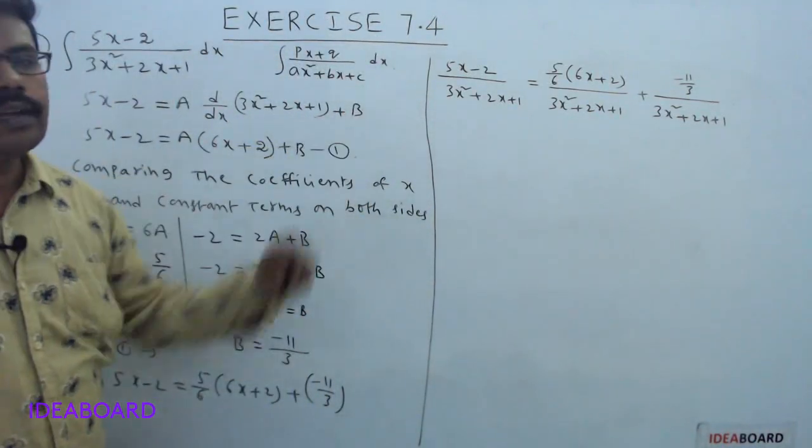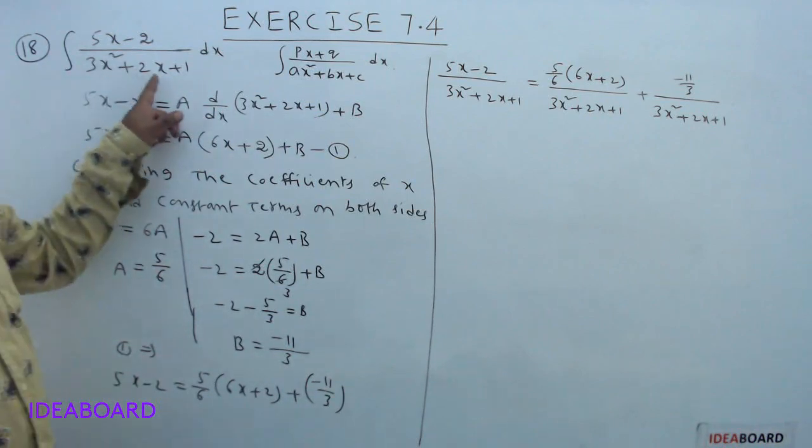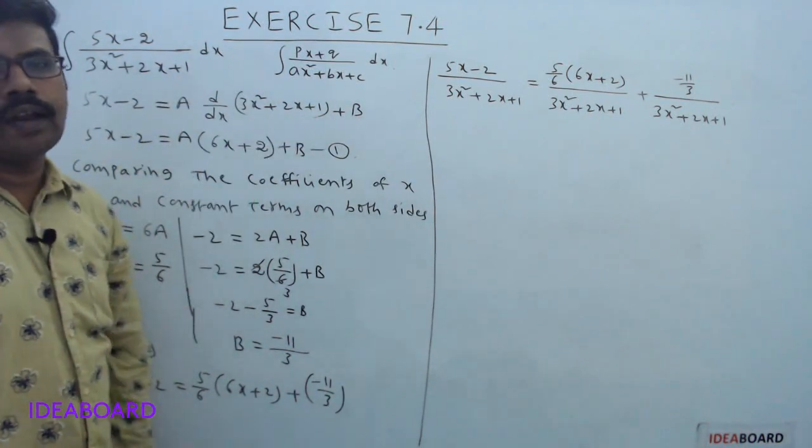Here what you are doing? Just dividing this equation on both sides with 3x square plus 2x plus 1.